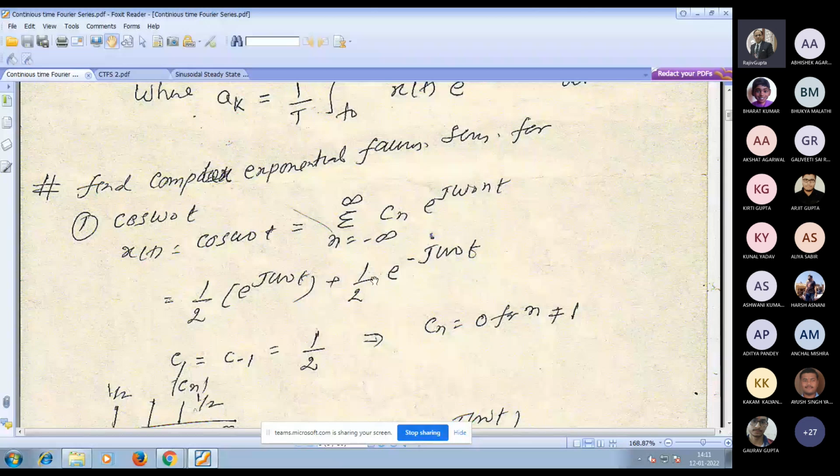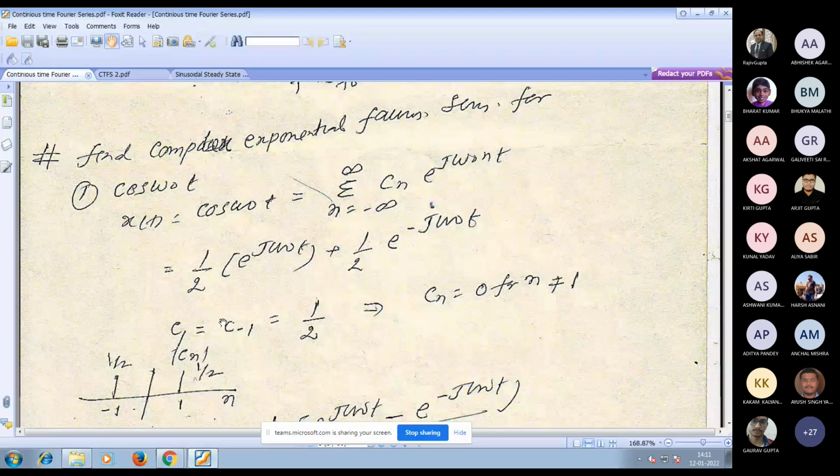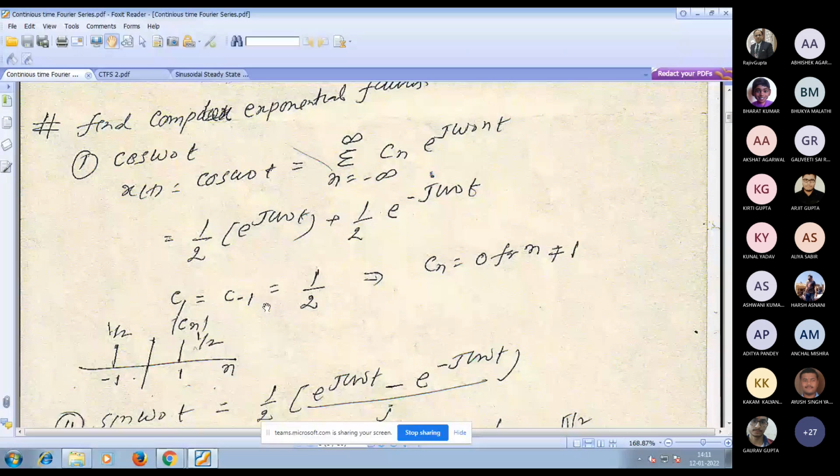And if I compare this mathematical equation to the right side, we find that we have only two components, which are C_1 and C_minus 1. The value of these two Fourier series coefficients C_1 and C_minus 1 is 1/2, and for the rest of the values of n, these are 0.